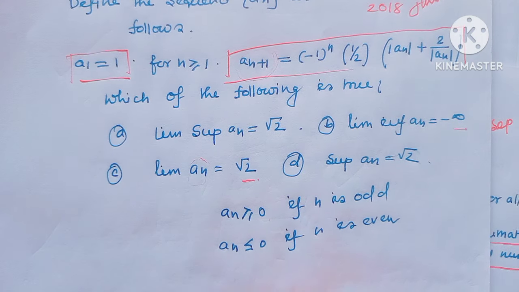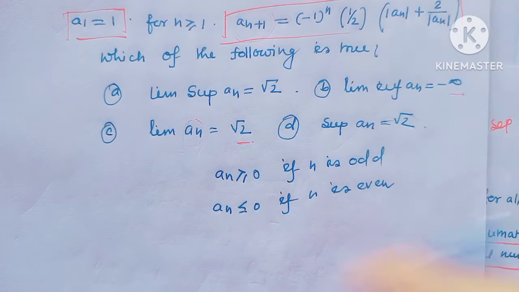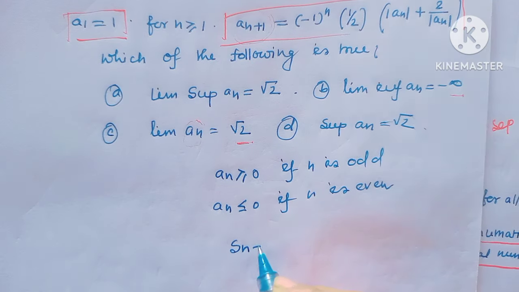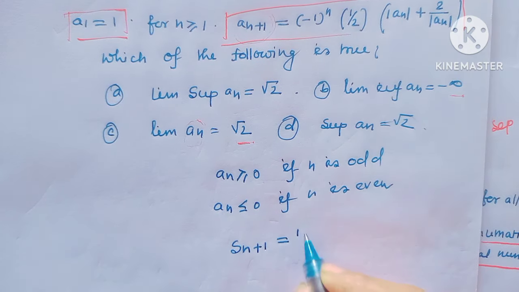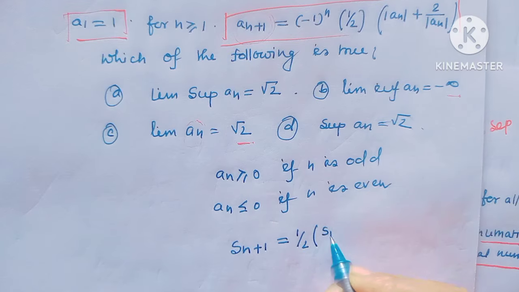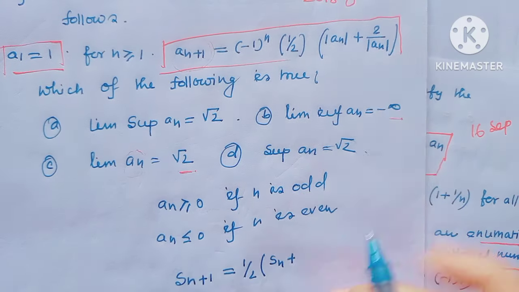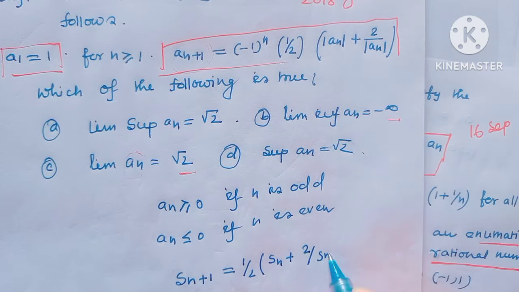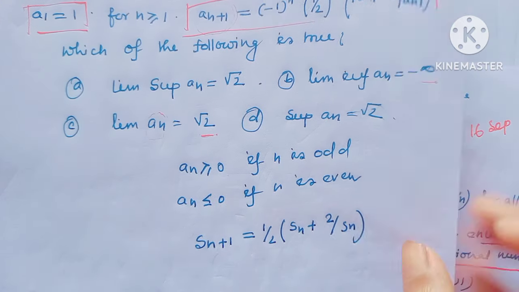Now consider the sequence Sn plus 1 equal to half of Sn plus 2 over Sn. Consider the sequence of positive terms.